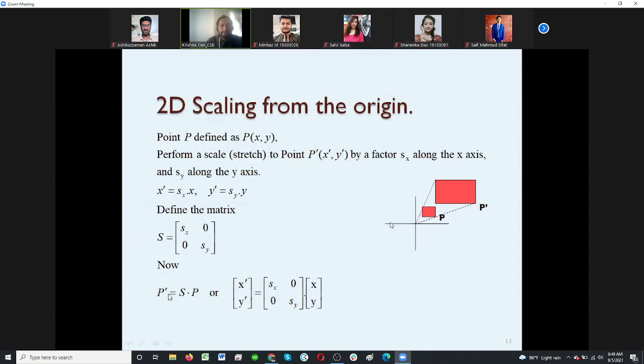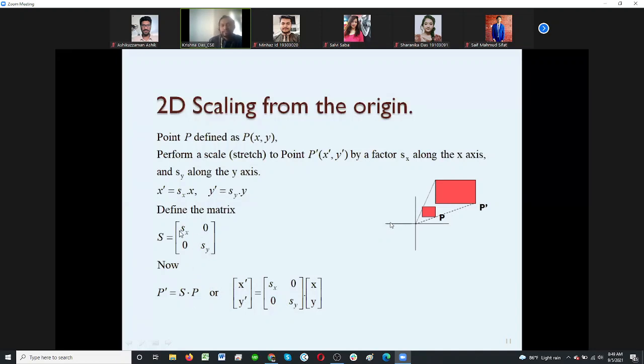The old point with the scaling factor, if we multiply them, we get the new point's location. So p is the old point, which is x and y, and then we have the scaling factors s of x and s of y.